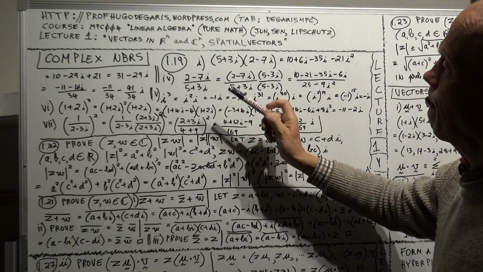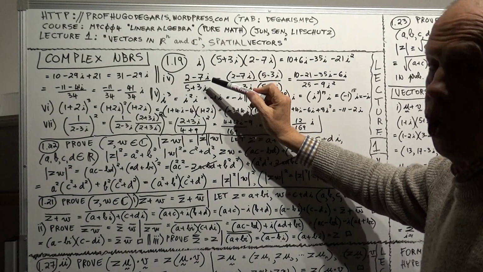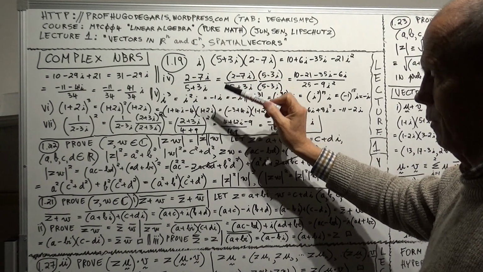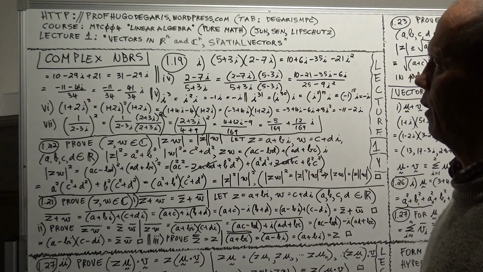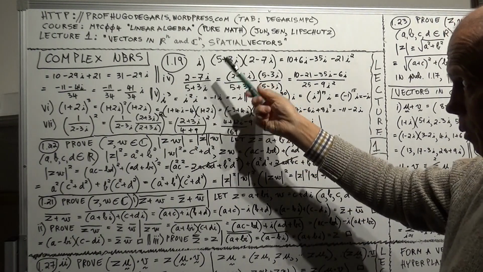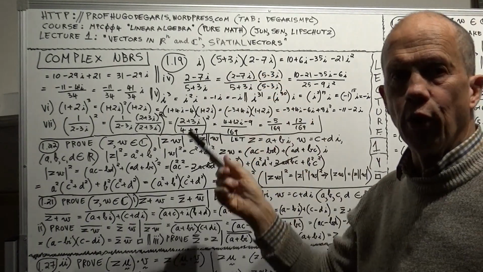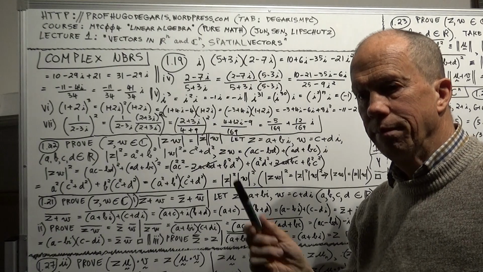So part 4, you've given a complex number divided by a complex number. So how do you simplify that? How do you calculate what that is? And when you say simplify, you want it in the form of a plus bi.